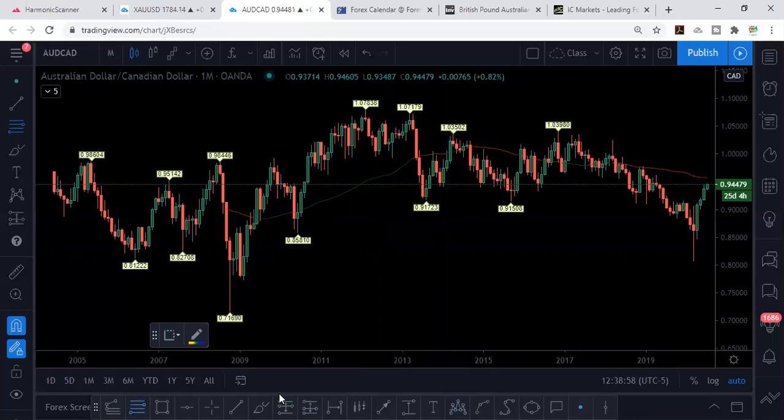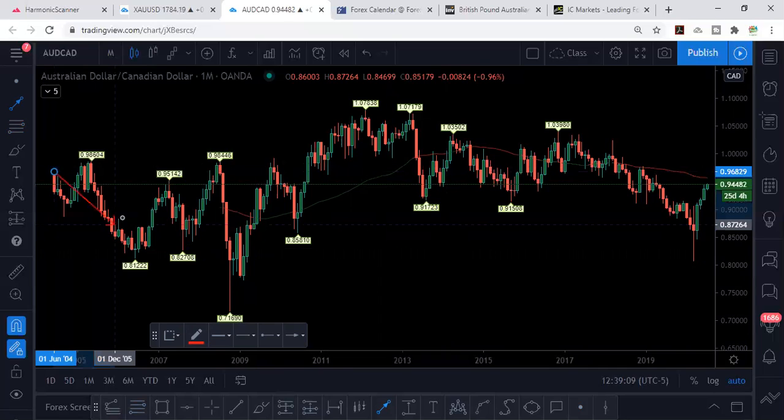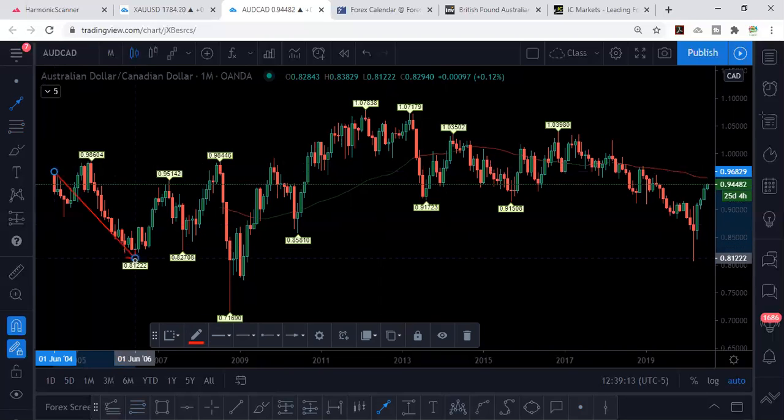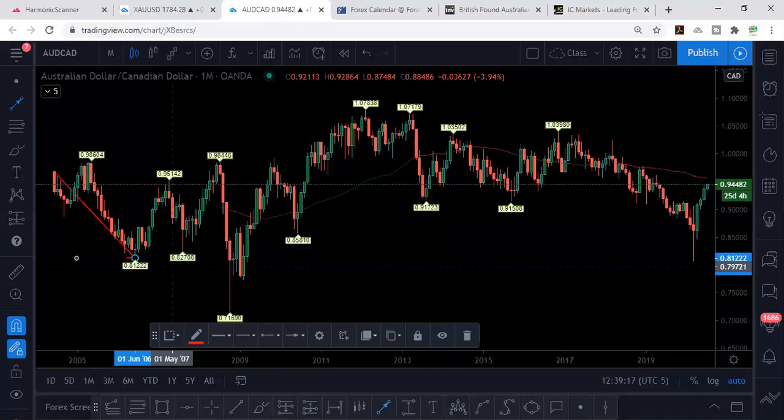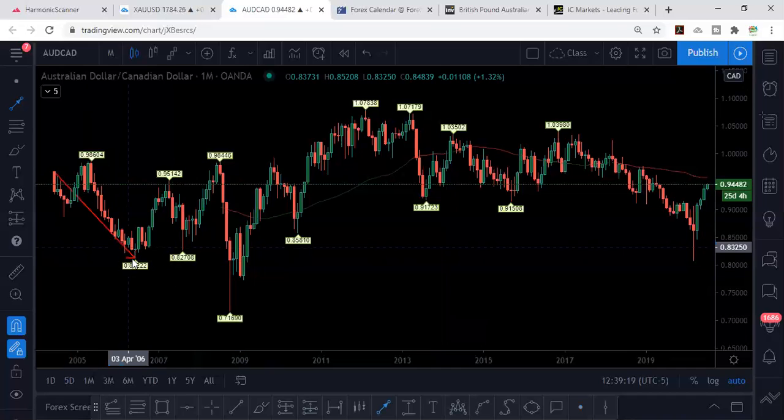So the first thing we see with AUDCAD is this. This is the beginning of AUDCAD, right? Yes. Okay. So let's mark AUDCAD from here. From here, then let me take this magnet off.